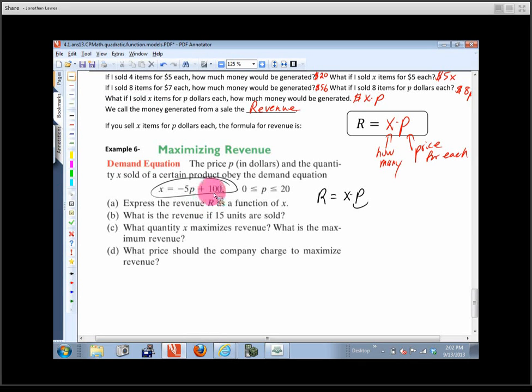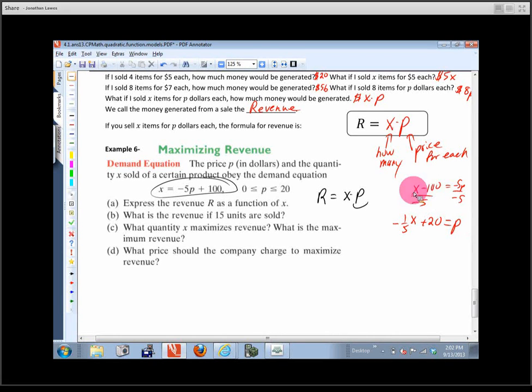First thing I'd do is subtract 100. So this is going to be X minus 100 equals negative 5P. Then I'm going to divide both sides by negative 5. So this is what I get. I'm going to write this as negative 1/5 X plus 20, and that's the same as P. So take a good look at what I did here.